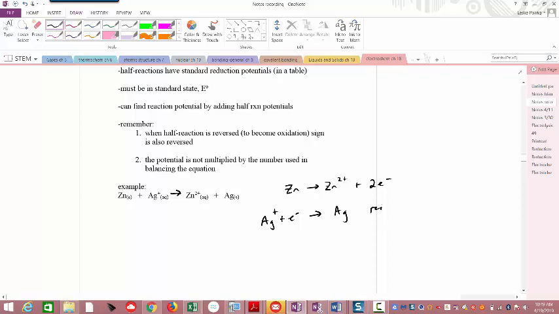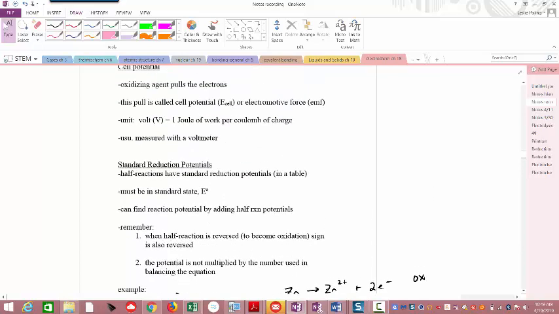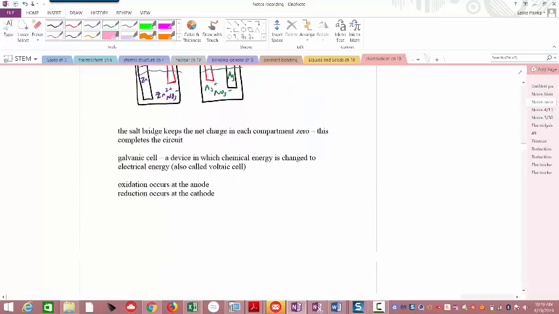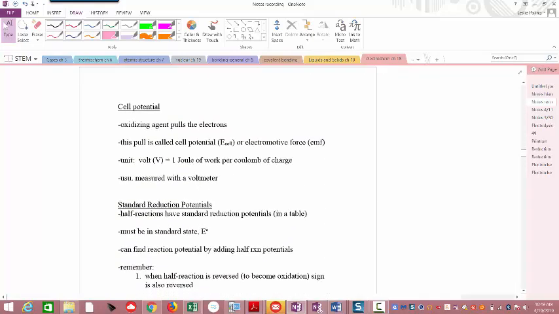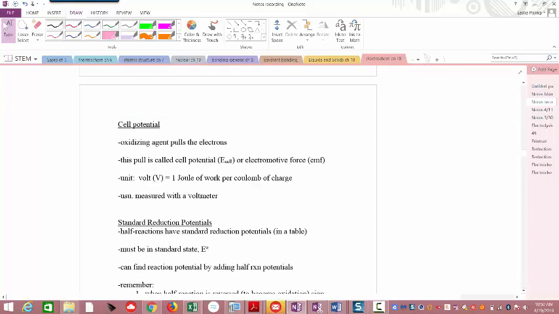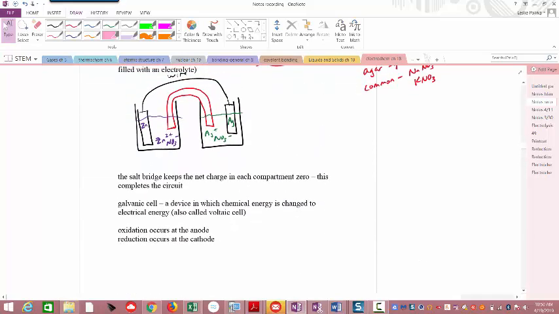So this is the reduction, this is the oxidation. Back up here, oxidation is zinc, so this is the anode and this is the cathode.